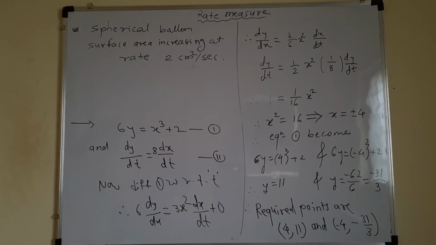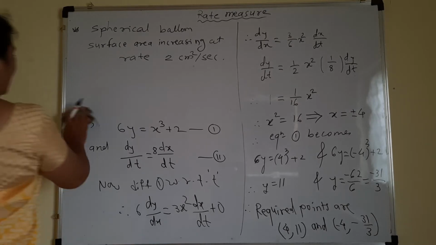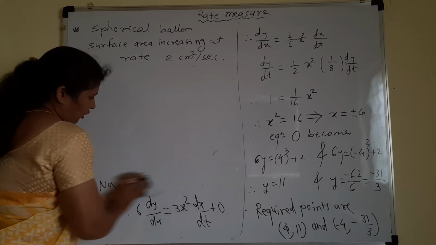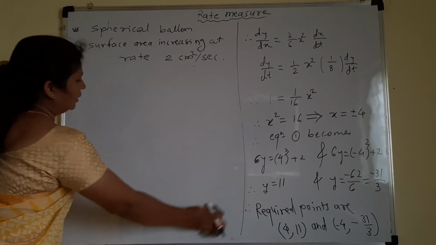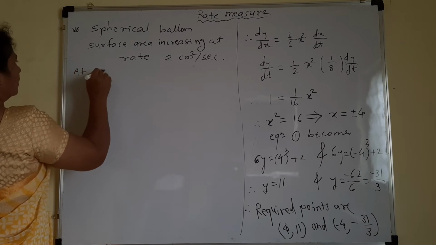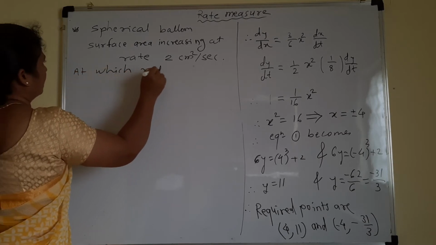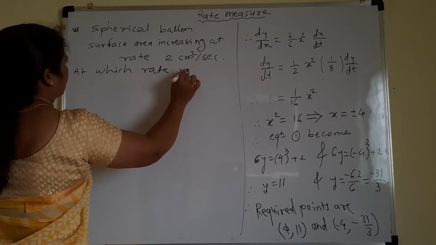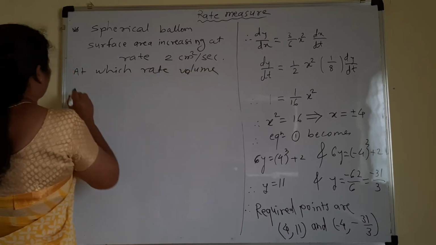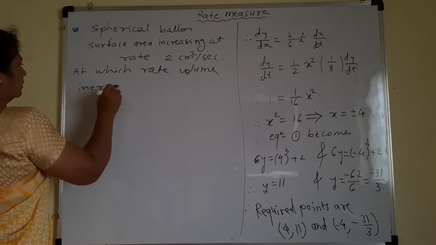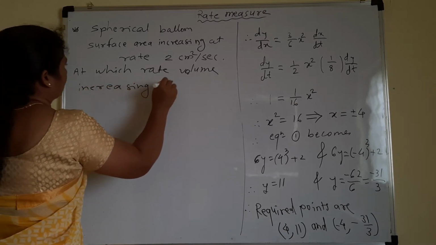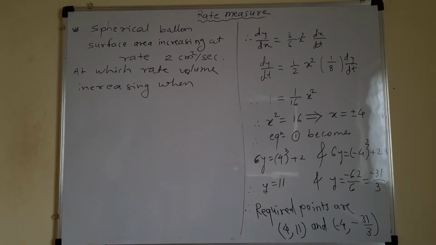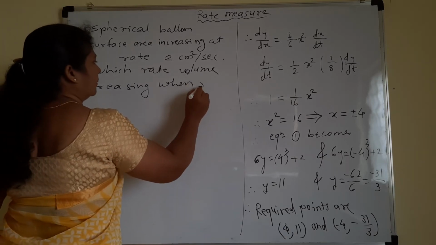So at which rate is the volume of the balloon increasing when the radius is 6 centimeter?